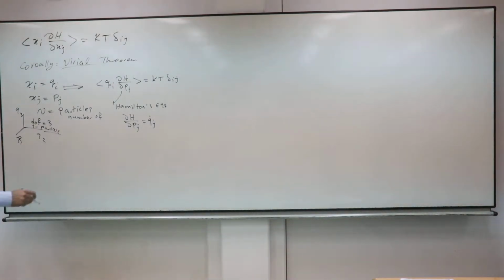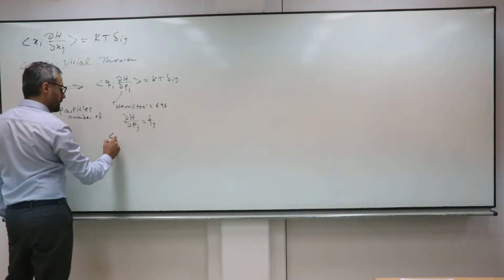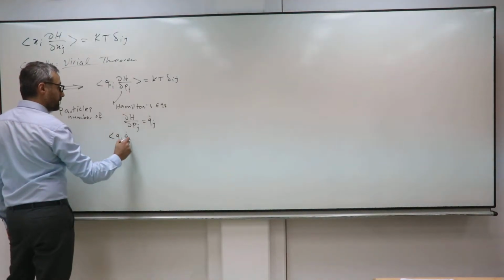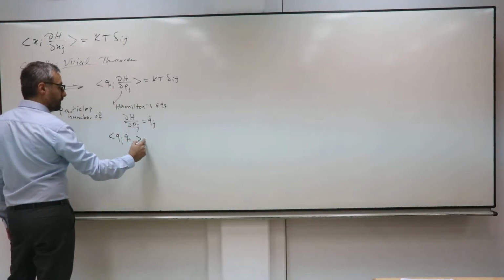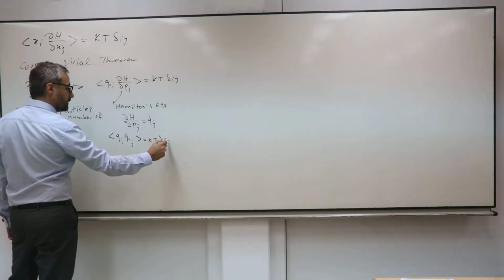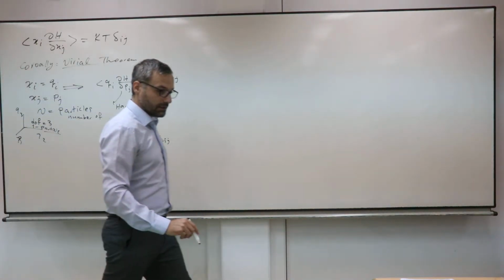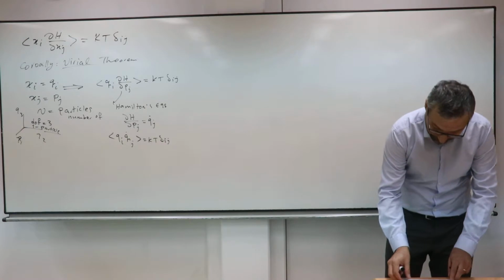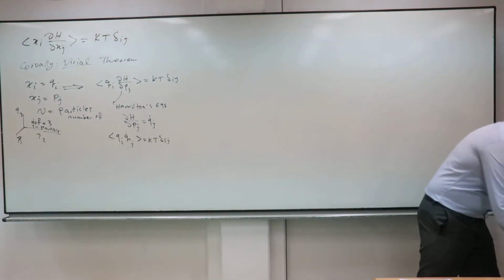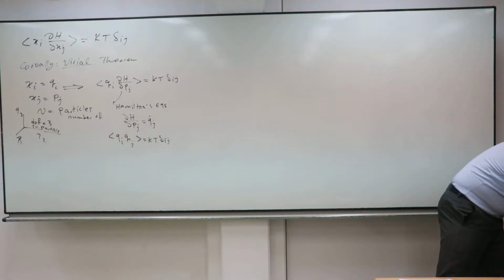And if i is equal to j, you get q dot j kT delta ij. So this is just a special case.